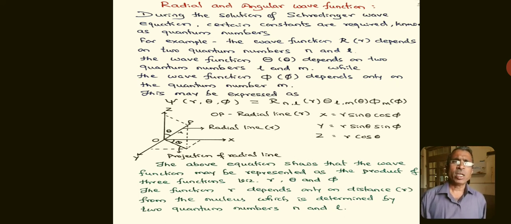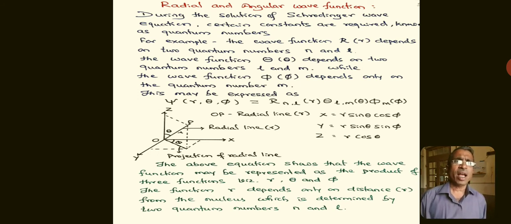Here I have shown the diagram. The electron is at P and O is the position of the nucleus, and OP is nothing but r, the radius of the orbit or subshell. It makes an angle theta with the z axis, and with the x and y axes it makes an angle phi.